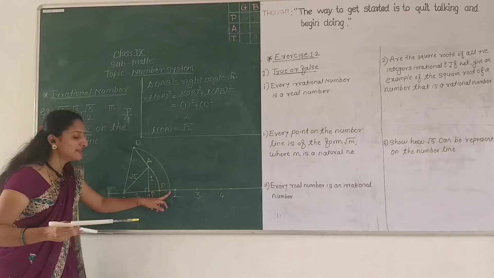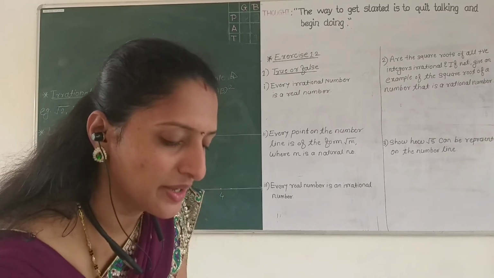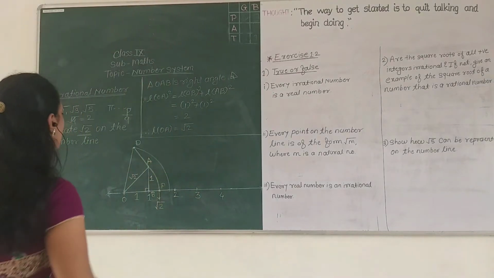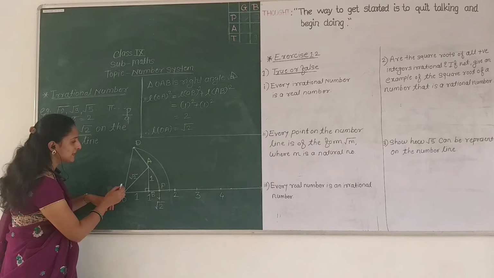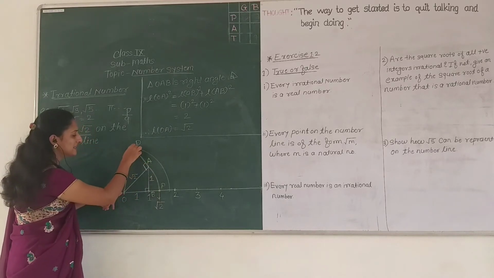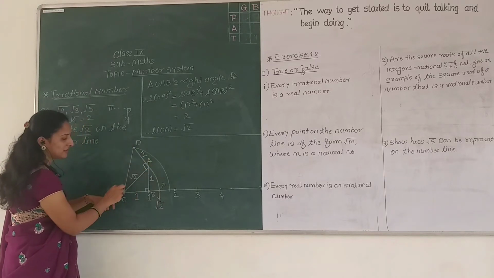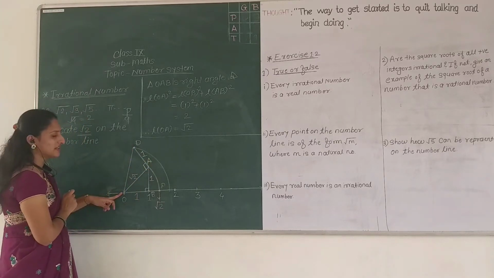Now we have to find this point. For this, let us see here. The triangle OAD is a right angle triangle.